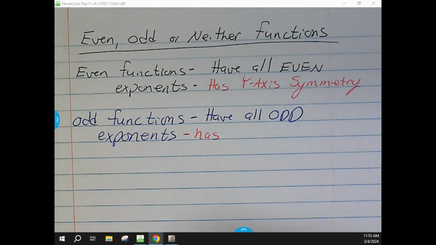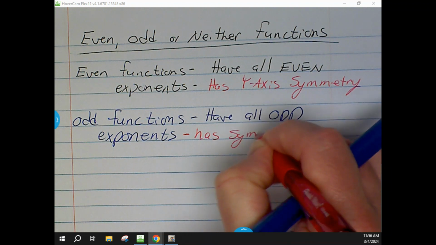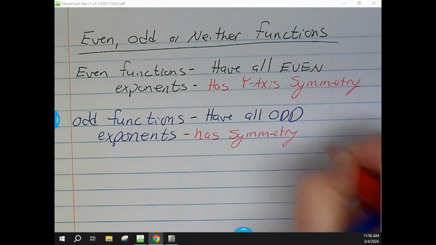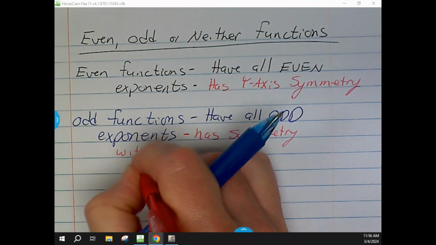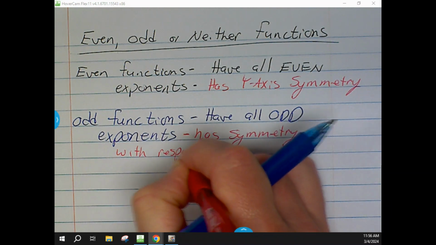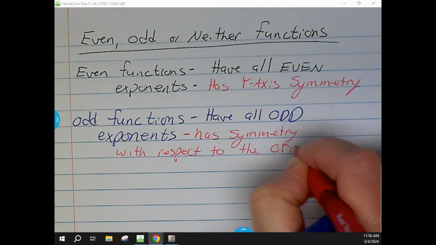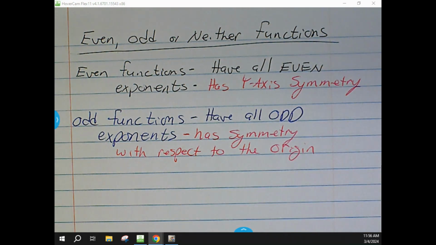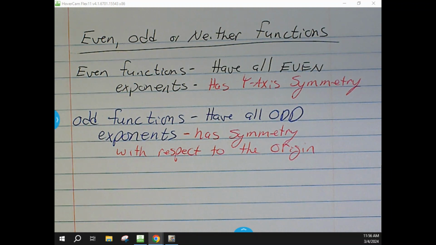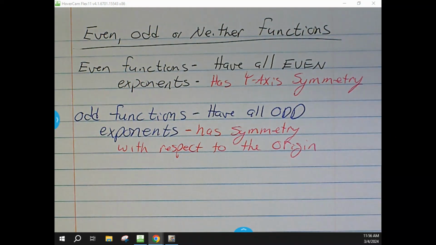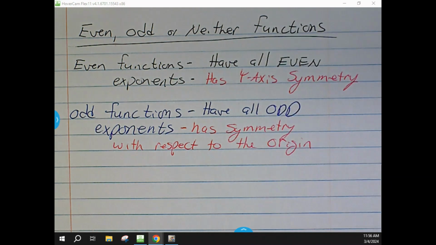On this one, they say it has symmetry with respect to the origin. I guess you could say origin symmetry. It's not really the way they say it, it's a little different how it's set up. But basically, you've got either y-axis or origin when it comes off these two. That's the only two that we're really looking at for this part of it.